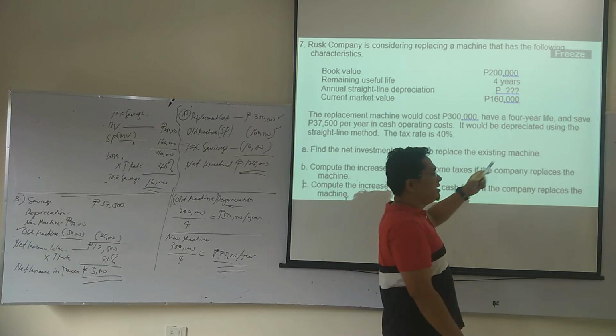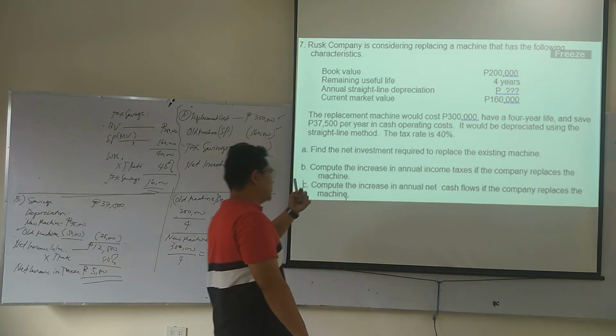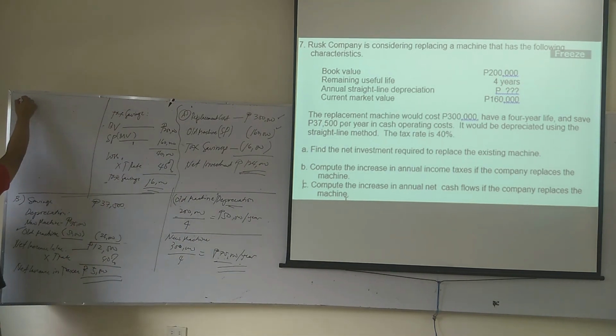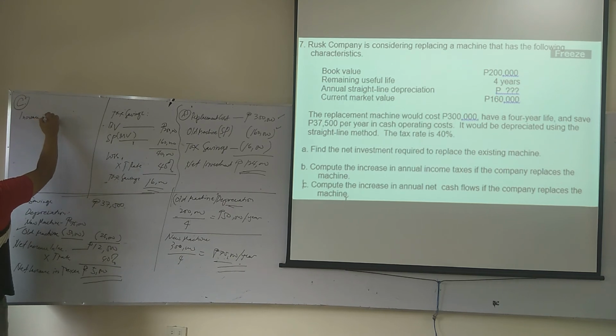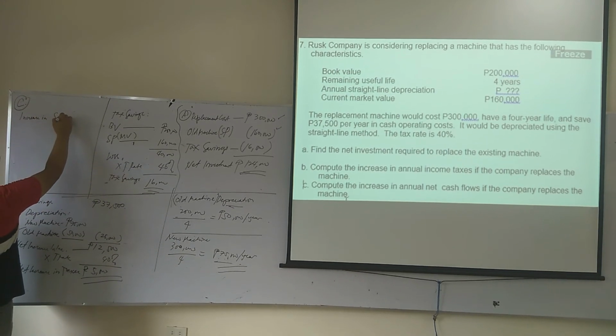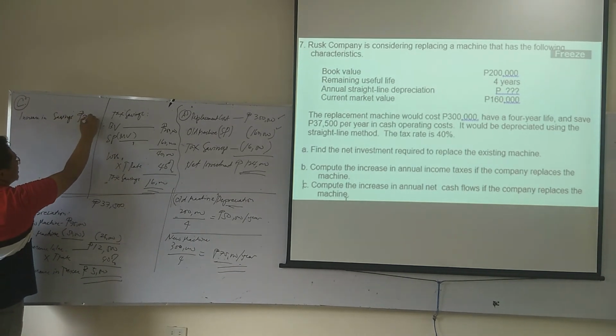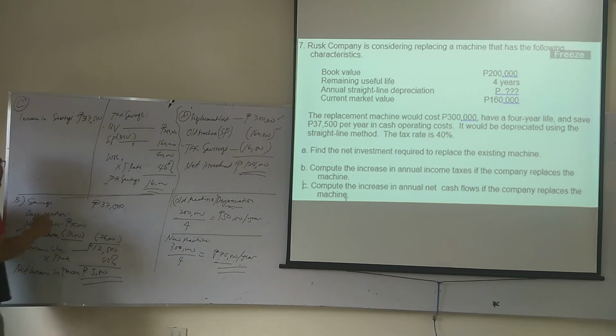Compute the net increase in annual net cash flow. Letter C. Increase in savings. This is cash, given in the problem, 37,500.